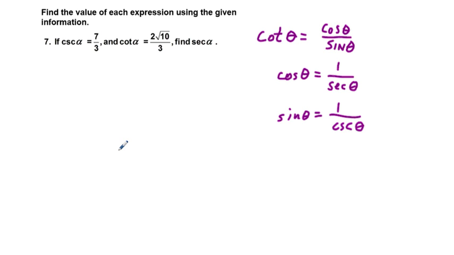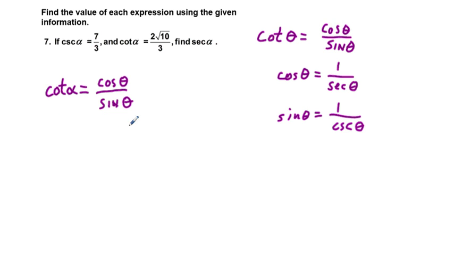What we have is, I'm going to write the one that we're going to apply here, which is we're given this cotangent theta. So I'm just going to write here, cotangent alpha equals cosine alpha over sine alpha.